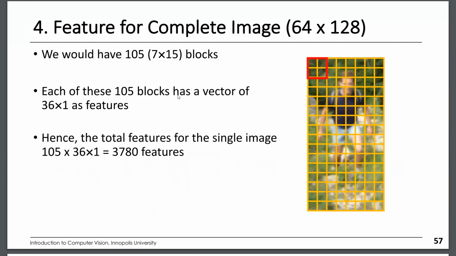Each one of these 105 blocks has a vector of 36 by 1. What is 36 by 1? It's 4 by 9. Basically 4 cells, each cell has 9 bins. Hence, the total features for the single image is this multiplication, and you end up having 3,780 features for the whole image, right?